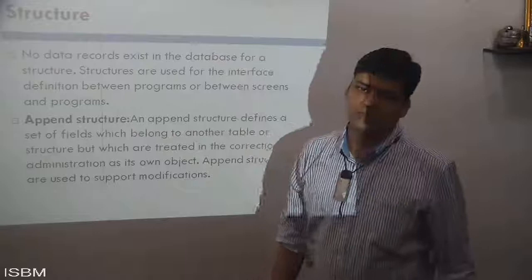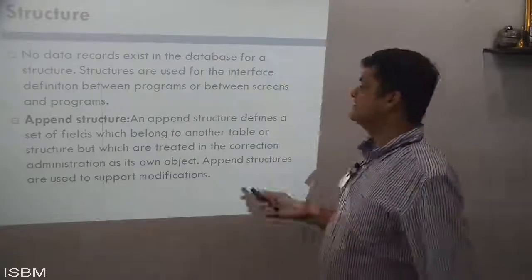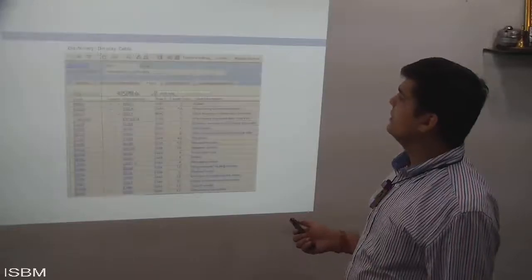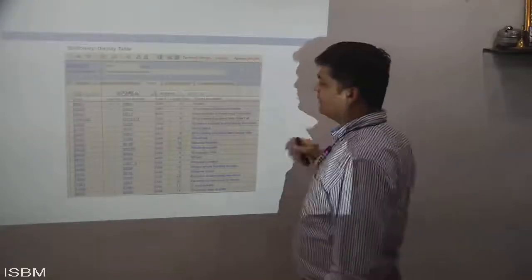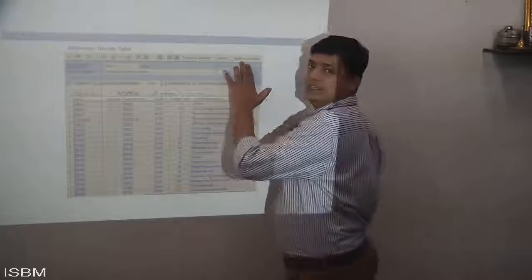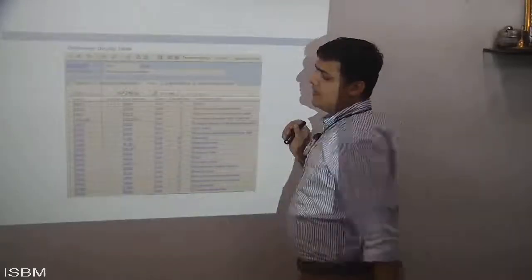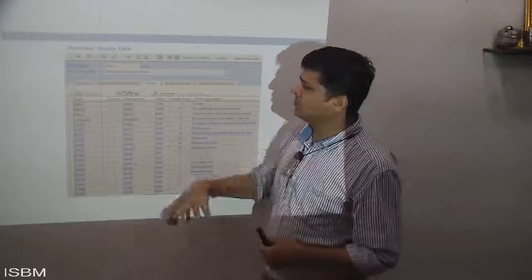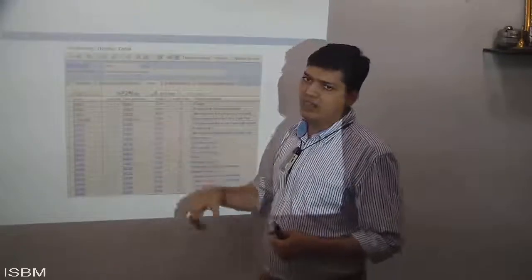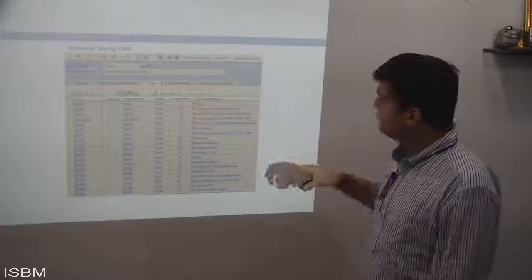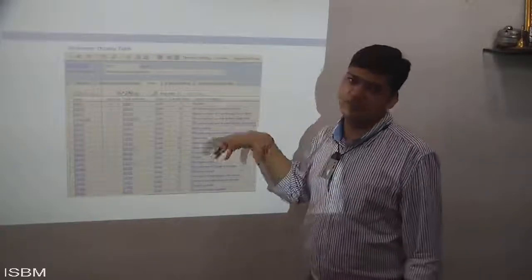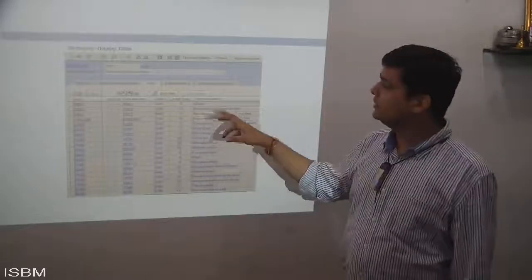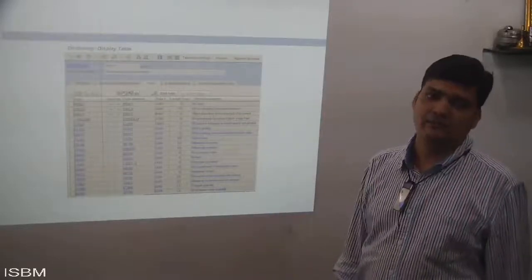Basically, with the help of appendix structure, when you click on the appendix structure, a pop-up will come. In the pop-up, if I want to add some more fields or structure in this table, we can add those fields or table in the appendix structure, in the transparent table.